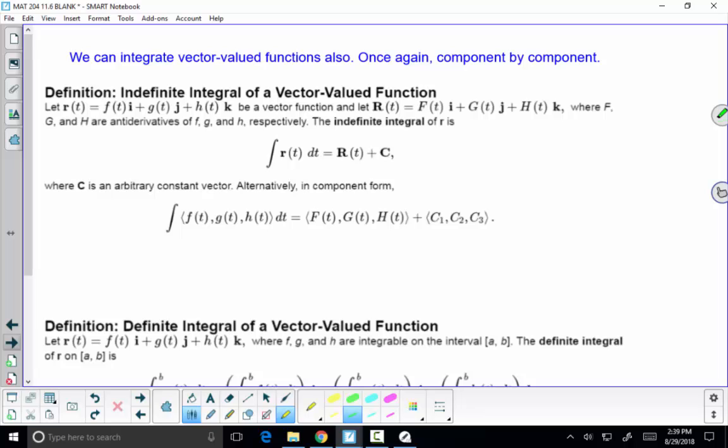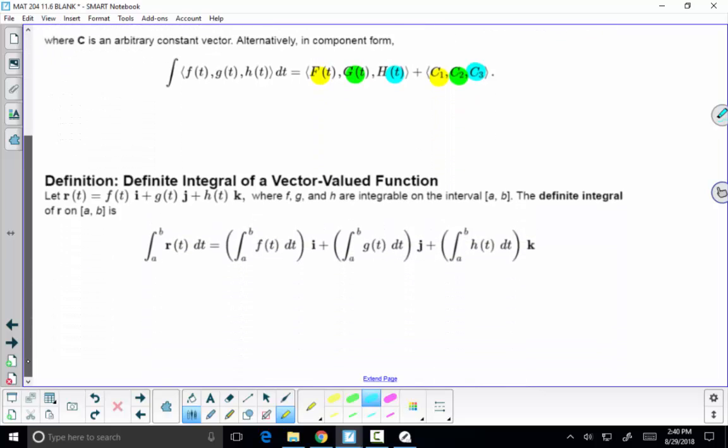In practice, we typically combine these corresponding components and write our answer as a single vector, not with the constant separated. Just plus C after every single one, or you could put a plus C with a vector symbol over it on the outside. That would also work.